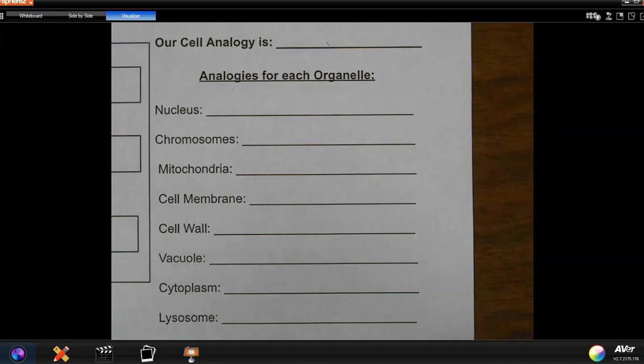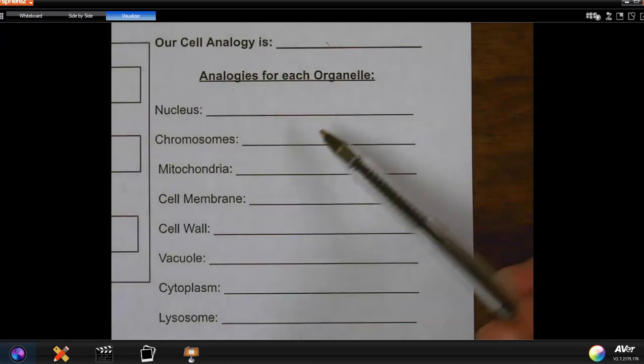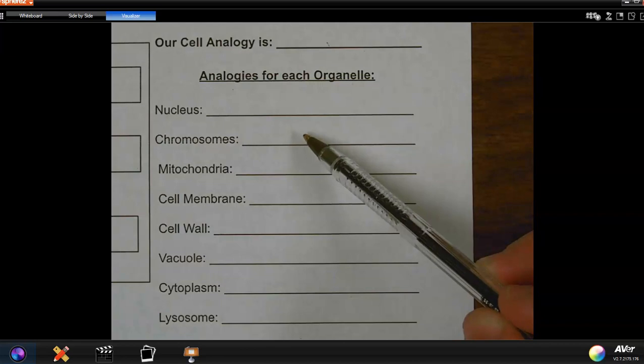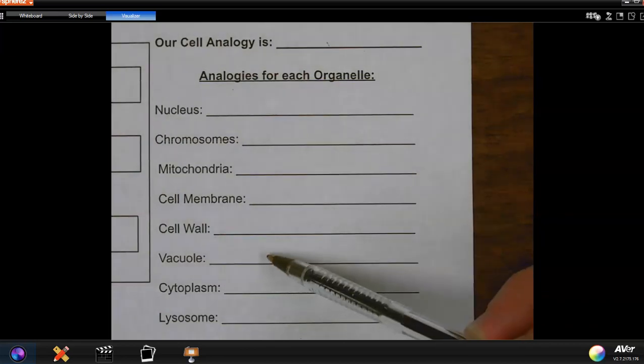Now remember, you're in charge of 4 and your partner's in charge of 4, but I still want you to write each answer. So you're going to talk to your partner, mainly because you don't want to have matching organelles by accident, or matching comparisons. For example, just recently I had one student that had chosen a refrigerator as a chromosome, and their partner also had refrigerator as their vacuole.